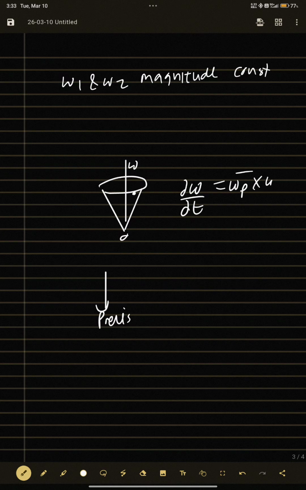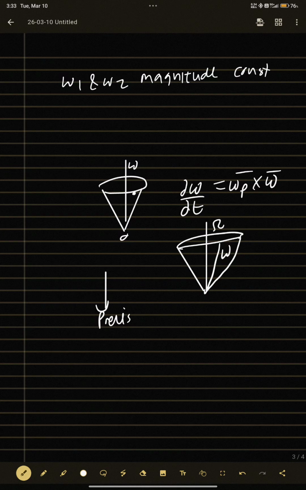The same example यहाँ पे try to relate. ये जो total omega है, net omega, that is moving with some speed, angular velocity, right? इसमें ये टोटल ओमेगा है, and this total omega is moving with angular velocity omega p. तो इस ओमेगा का रेट ऑफ चेंज क्या होगा? ओमेगा p क्रॉस ओमेगा.